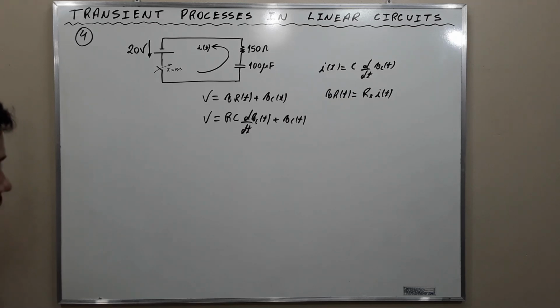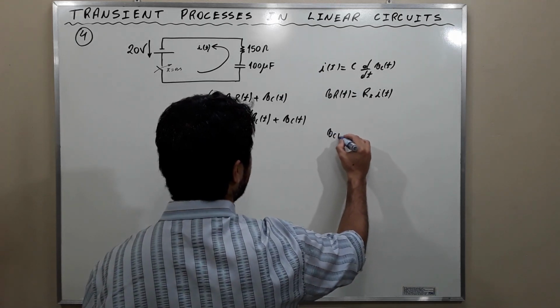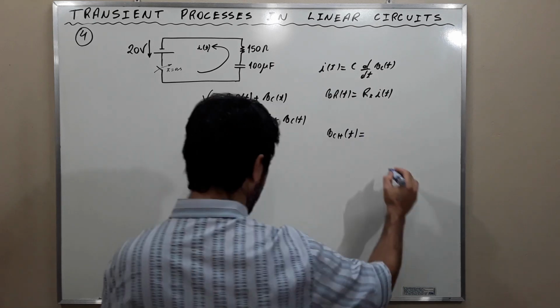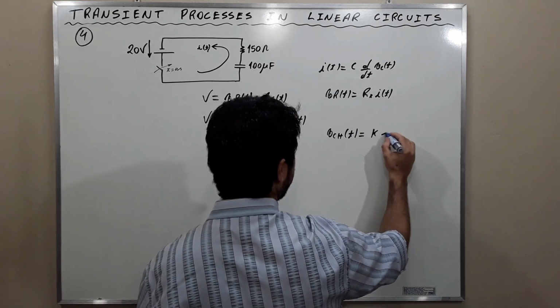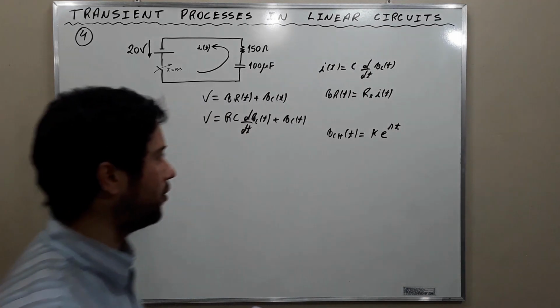And the general solution of this differential equation has one homogeneous part and one particular part. Let's work on the homogeneous solution first. The homogeneous solution is going to be of the sort VCH of t will be equal to K times e raised to the power of rt.